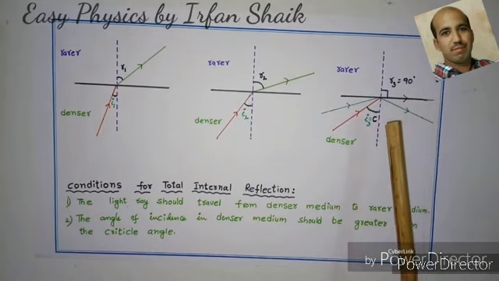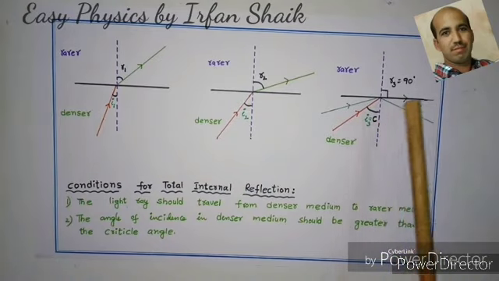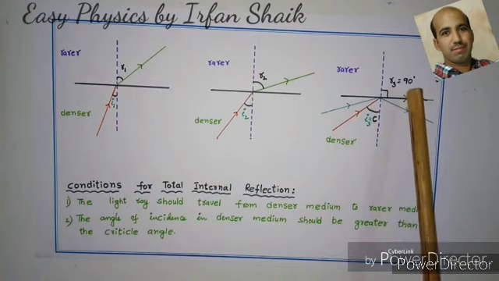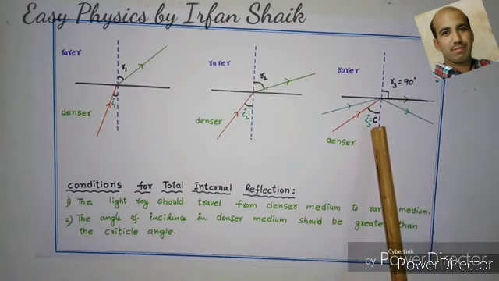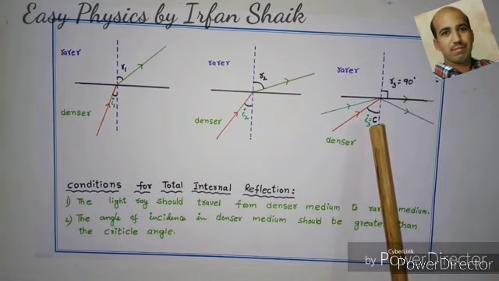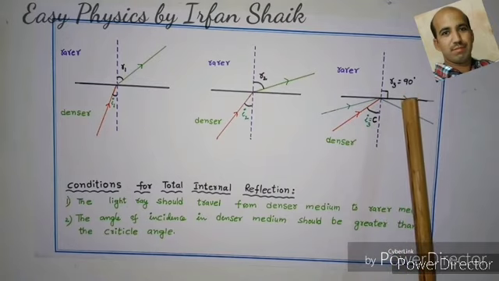That means for some angle of incidence, the angle of refraction becomes 90 degrees. This angle of incidence is called the critical angle. That means at the critical angle, the angle of refraction is 90 degrees.